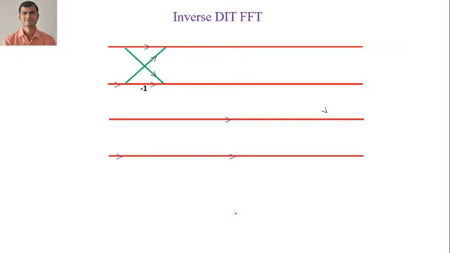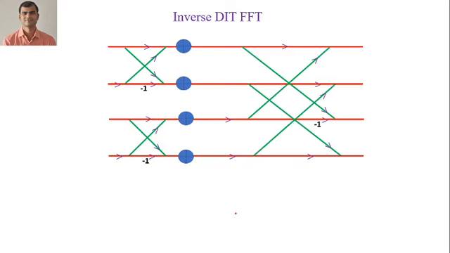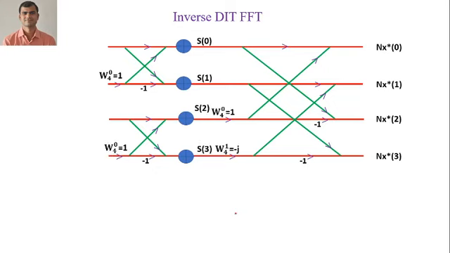After completing each butterfly, obviously we have to multiply with the minus sign and with the twiddle factor exponents. These we have seen. So in this way we will get the flow, and here we need to multiply the twiddle factor exponents.